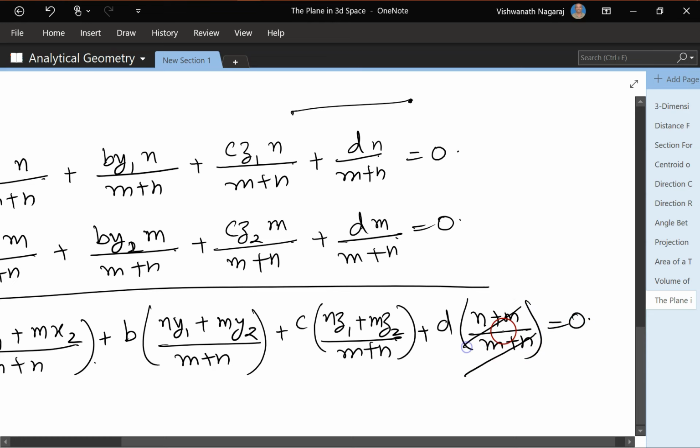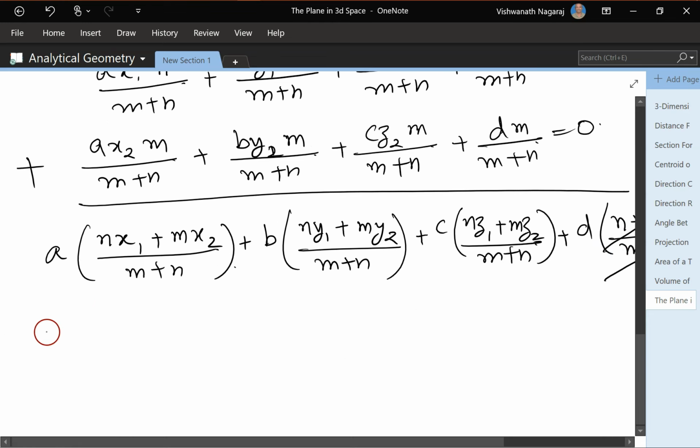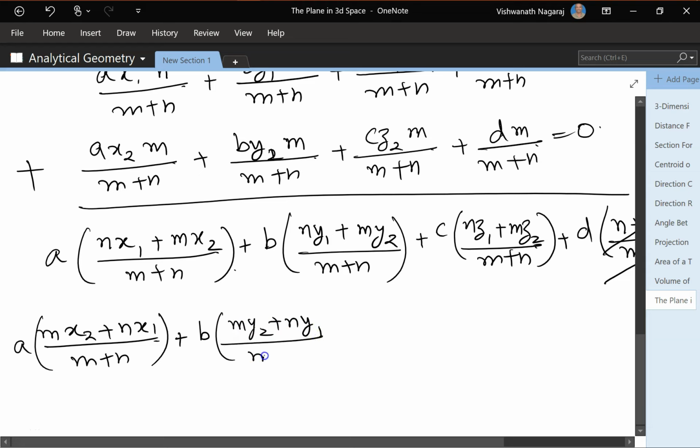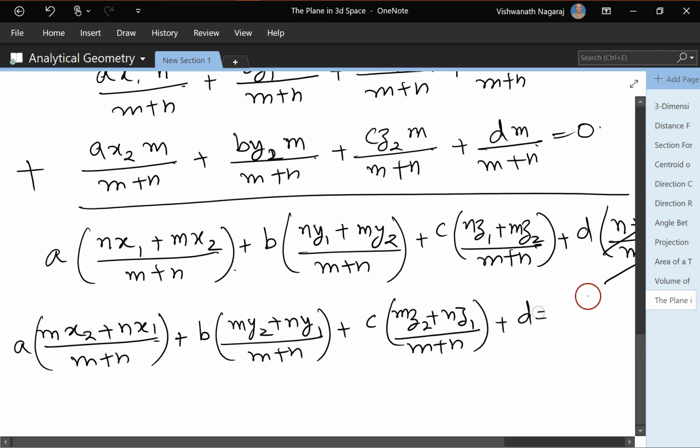Now this n plus m gets cancelled. So we are left with (mx2 plus nx1) by m plus n, a, plus b times (my2 plus ny1) by m plus n, plus c times (mz2 plus nz1) by m plus n, plus d is equal to 0.